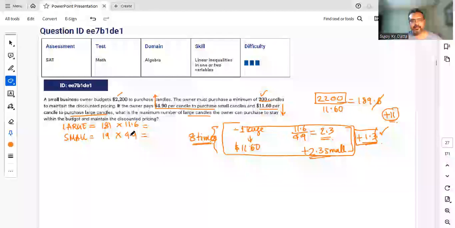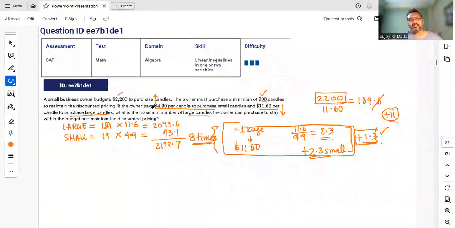If you calculate this and add, 181 times 11.6 is 2099 and 19 times 4.9 is 93.1. If you were to add these, you are going to get 2192.7. That means you still have some $8 left, right?